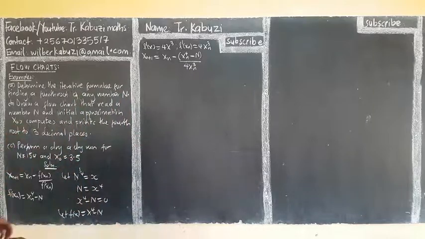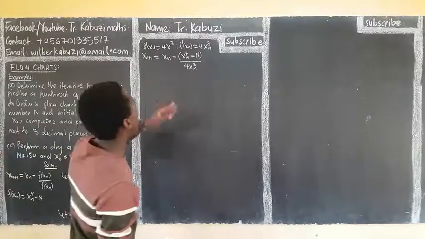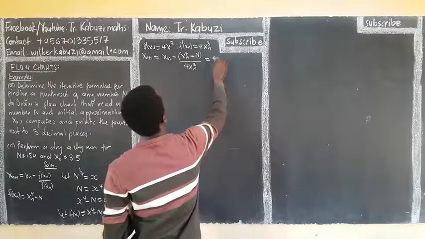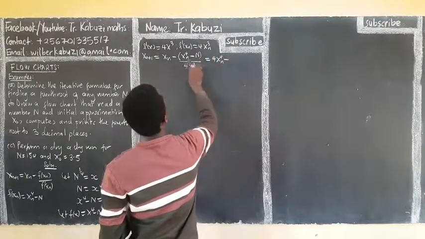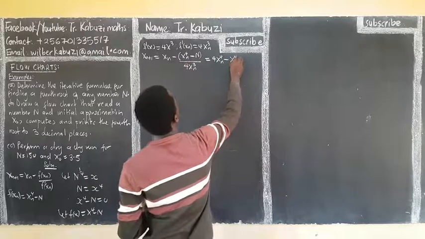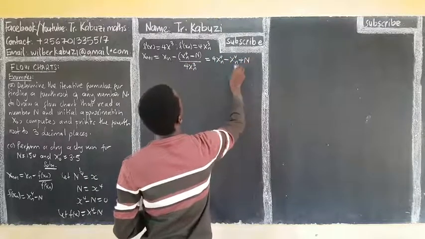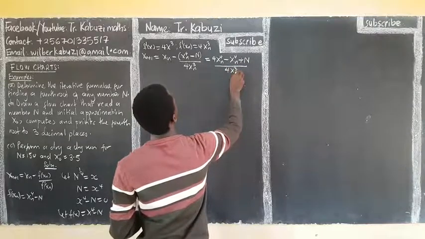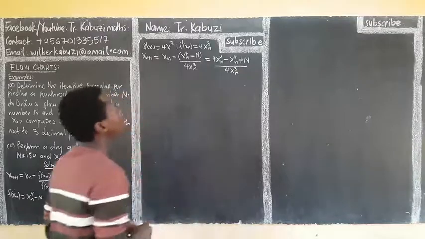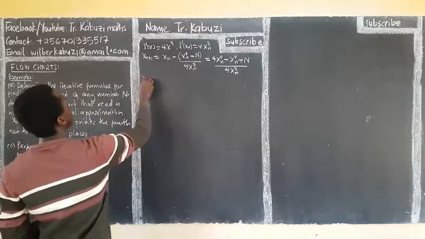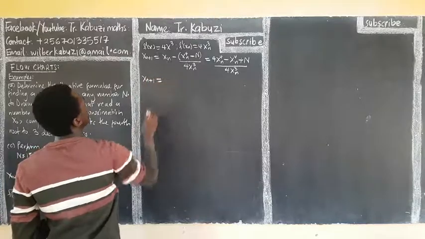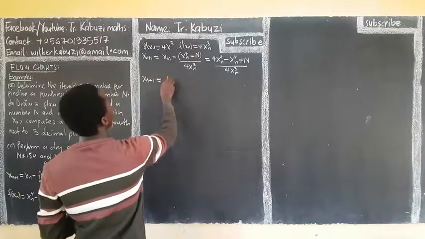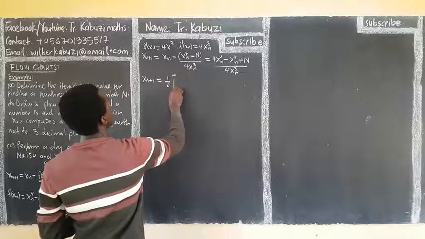So after doing that, what happens? We are going to cross multiply, and if we cross multiply, we shall be having 4xn^4, open the brackets, minus xn^4, then plus n, the whole over 4xn^3. And to simplify that, our xn plus 1 is going to be, when we simplify, we can remove 1 over 4, then remain with inside.